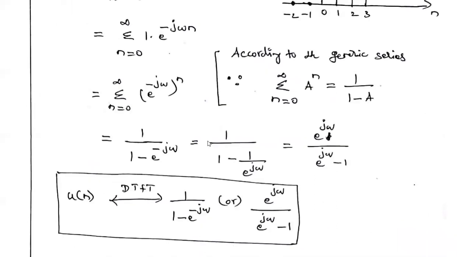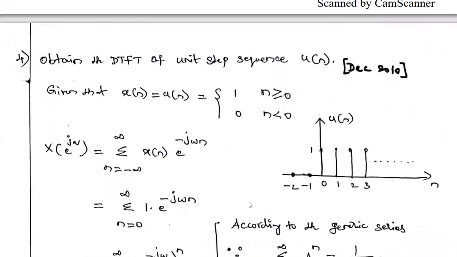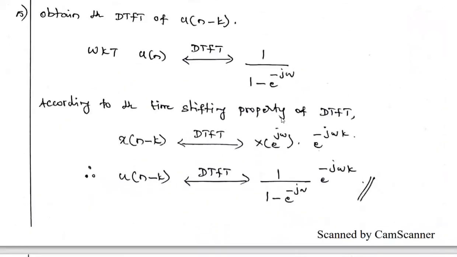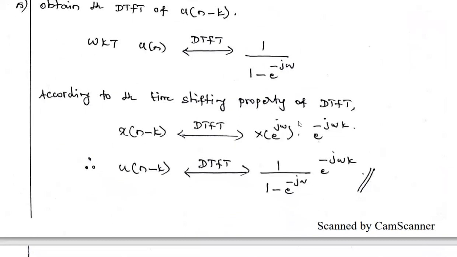According to the time shifting property, the DTFT of u of n minus k is X of e power j omega multiplied with e power minus j omega k, so 1 by 1 minus e power minus j omega multiplied with e power minus j omega k. This is the answer.